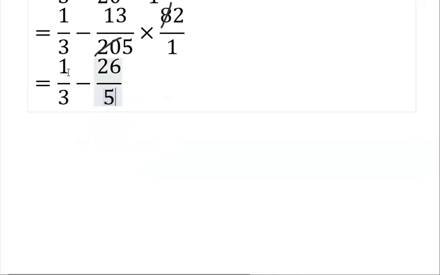Now, after what we have here, the last operation that we have here is subtraction. There's no addition, but the last one is subtraction. And I said earlier in this video that whenever you have addition and subtraction in a fraction, you need to look for the LCM. So let's quickly look for the LCM of what we have here. Let's get this as a template.